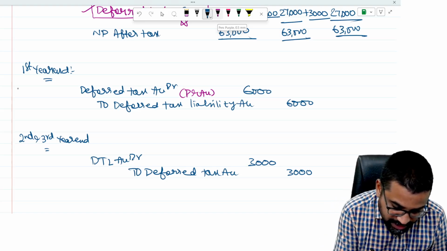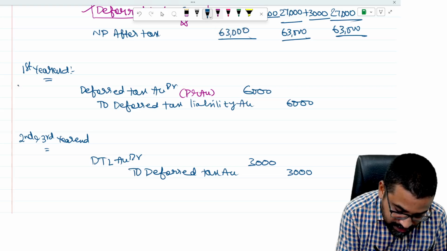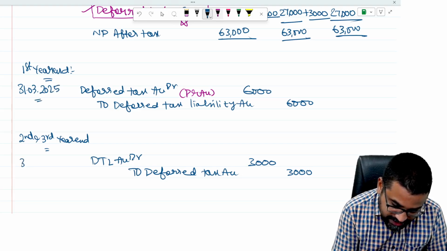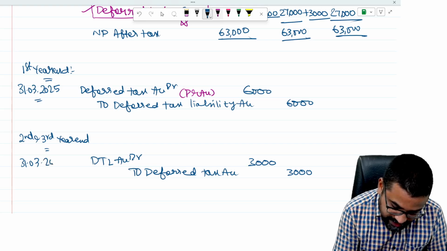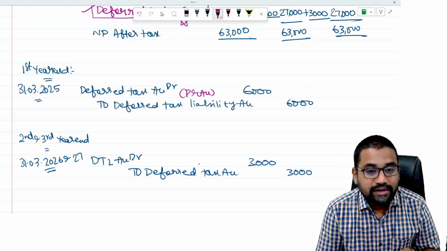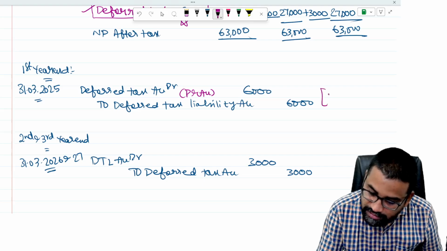So first year end means in our example 31st March 2025. Second year and third year means 31st March 2026 and 27. First year there is an originating year. We create DTL creation.